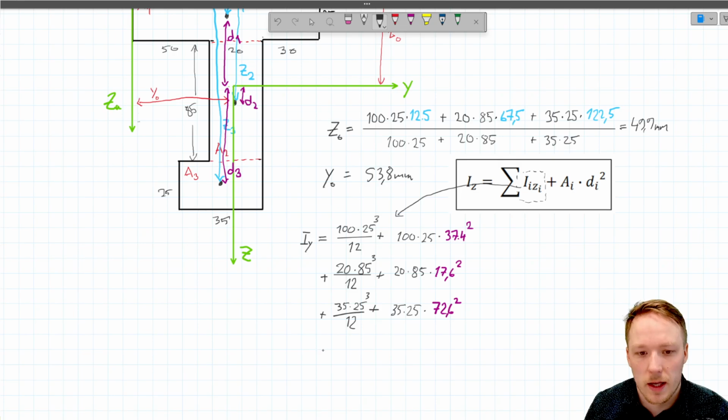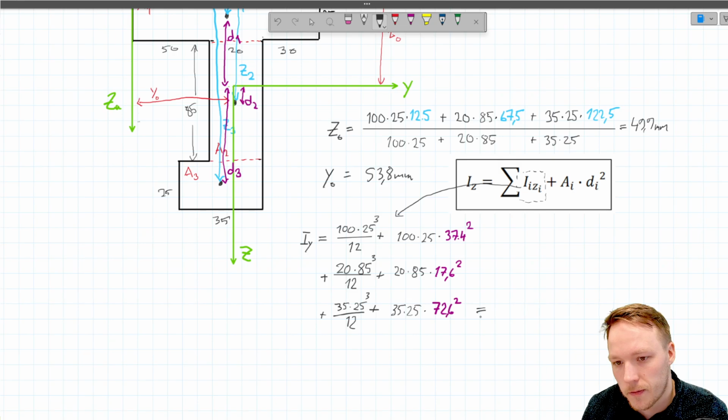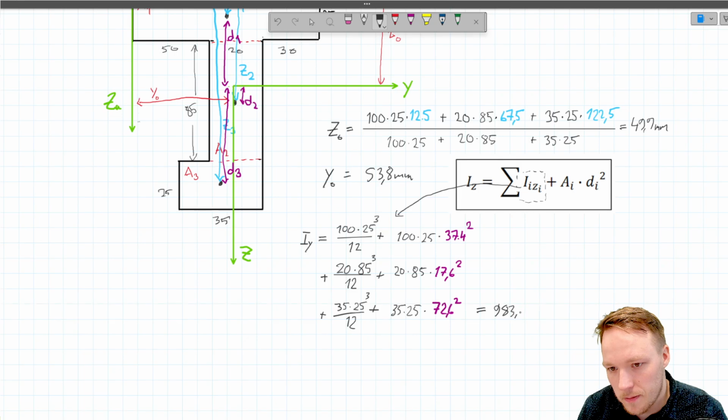And now when we calculate this entire thing, the result will be 983.5 times 10 to power 4 millimeters power to 4.